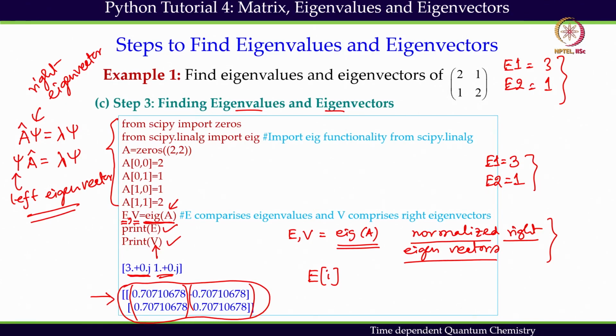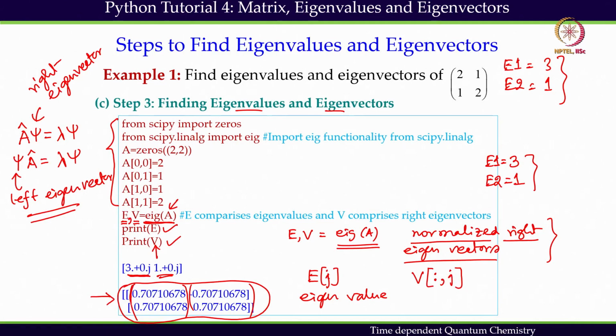So if the jth eigenvalue is this one, then to get the eigenvector, it has to be represented this way: colon comma j. So actually I am taking the column.